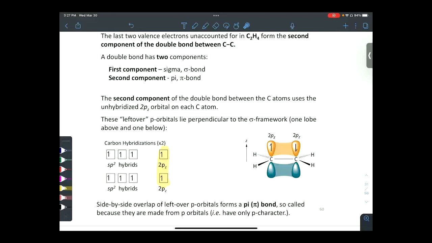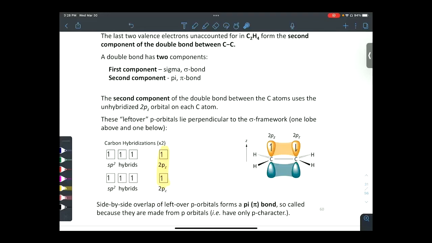A sigma bond is head on, versus side-by-side interactions. This is a pi interaction, and it's weaker. You might think that doesn't really look like an interaction, and you're right. Pi interactions are weaker than sigma interactions. When we bring 2 orbitals head on, there's very clearly overlap happening, but when they're side by side, there's some overlap.